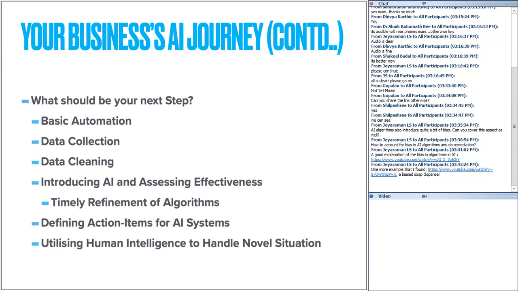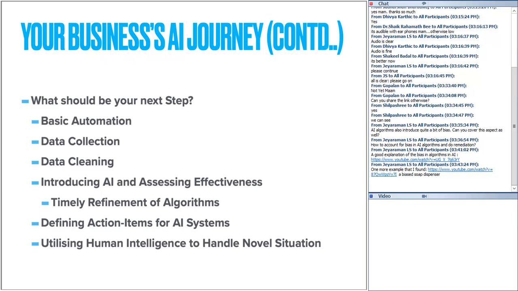And next is, where do you bring in human intelligence? For repetitive tasks where there is not much variability, your AI system will work. When it's not a very critical use case, an AI system will give a very good outcome. We have examples of many companies that are valued so much because they serve a purpose, there's a lot of data, and they have the capability to solve some use case.